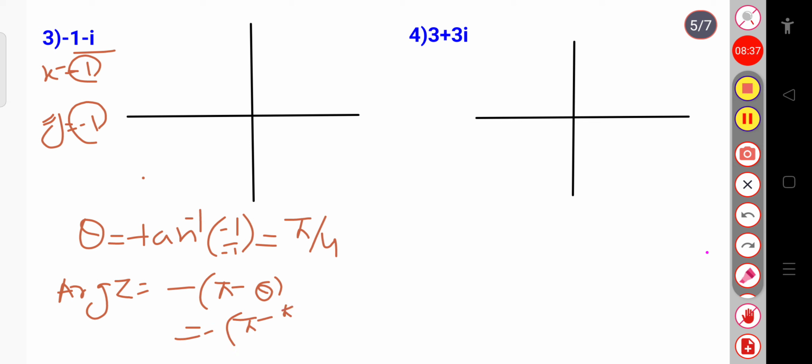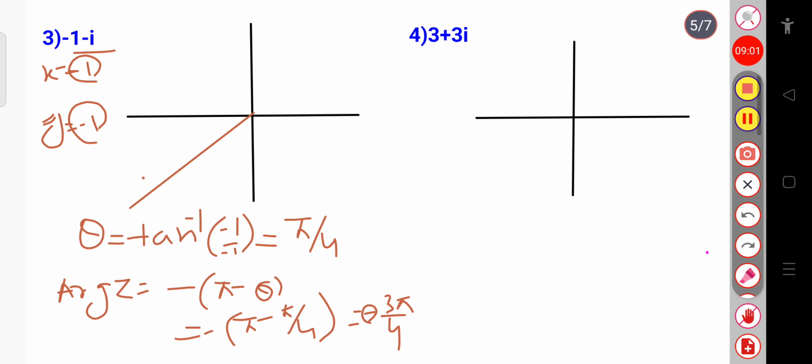This will be 4 pi minus pi, it means 3 pi by 4, that is equal to minus 3 pi by 4. Here you can see this is the negative sign. So negative sign means in the clockwise direction the theta angle will be 3 pi by 4. If I plot the curve, it will be like this angle.